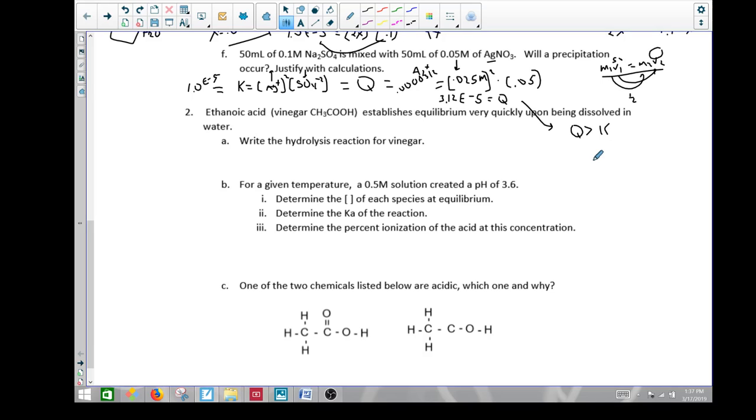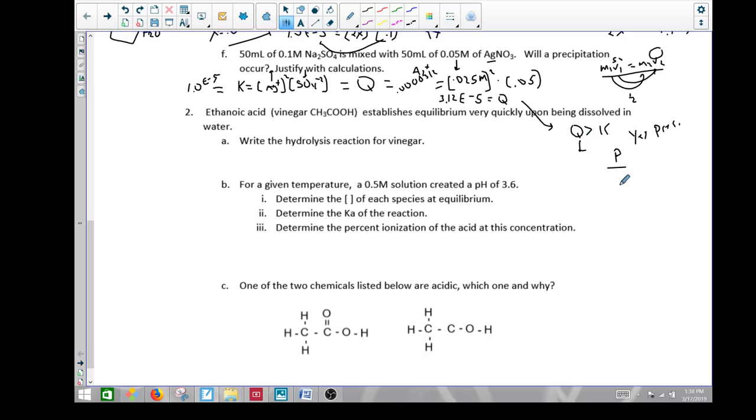Because K is proportional to solubility, larger K's mean more soluble. So we're too big, and we need to get smaller. That means we need to dissolve less. So precipitation has to occur. So yes, precipitation is going to occur. But otherwise, Q is a ratio of products over reactants, and my Q is bigger than my K, so Q has to get smaller.